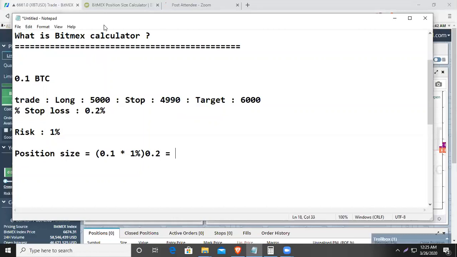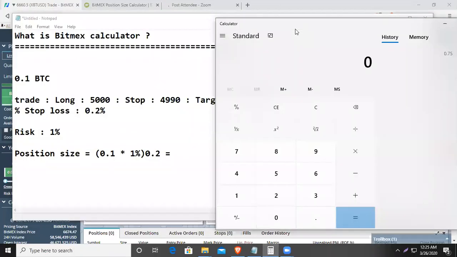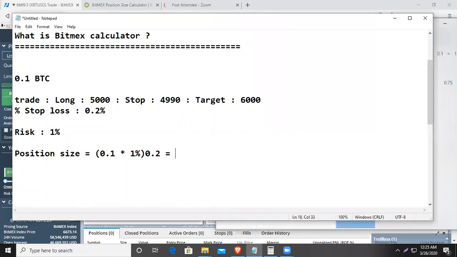What is the amount I need to trade? So I need 0.1 into 1 divided by 0.2. That is equal to 0.5 Bitcoin. So now my risk management demands me to trade with 0.5 Bitcoin. That is my position size.